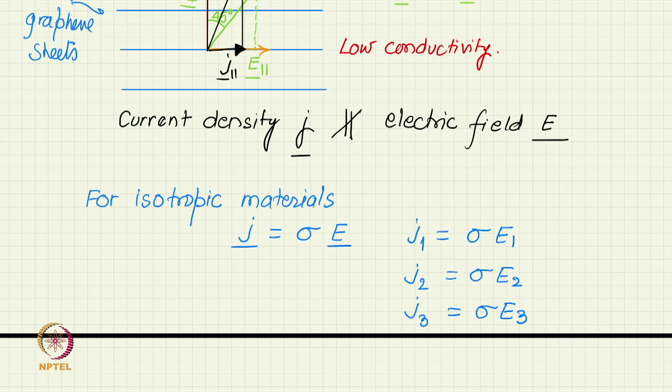You can see that the J1 component, the first component of the electric current density, depends only on the first component of the electric field. Similarly, the second component of the current density depends upon the second component of the electric field, and the third one of J depends upon the third one of E. And in each case, the proportionality constant is the same and is a scalar value sigma.